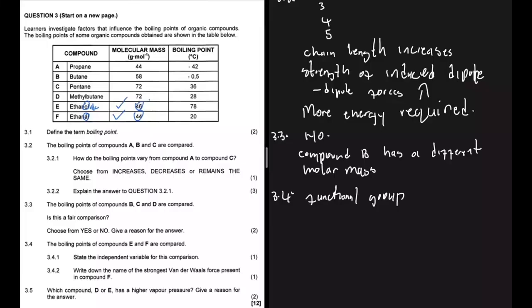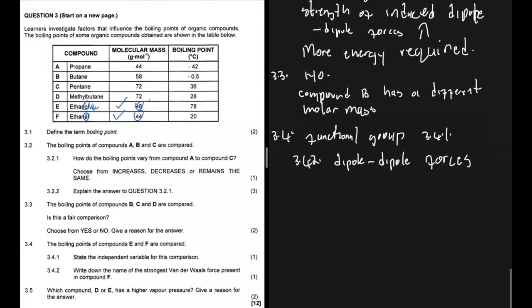And this is 3.4.1, my bad. And now we have 3.4.2, which says write down the name of the strongest van der Waals force present in compound F. So in compound F, the strongest is dipole-dipole forces. This question is more of content knowledge than solving any problem.